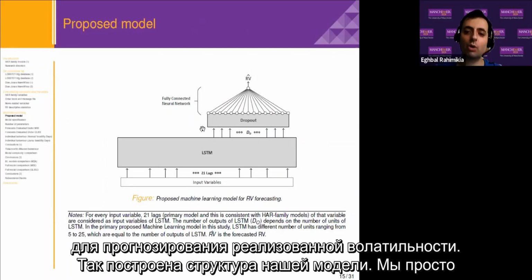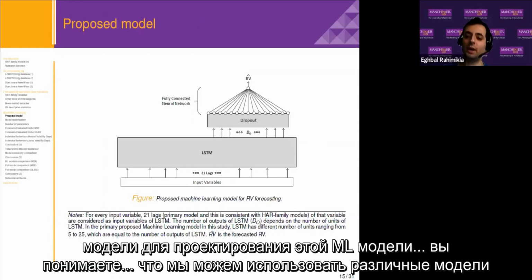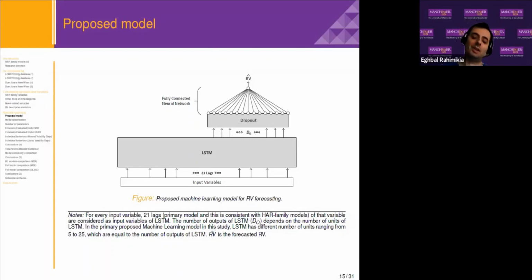This is the structure of our model. We are just focusing on long short-term memory. The main reason is that we could use more complicated models, with different layers of long short-term memory and other layers.